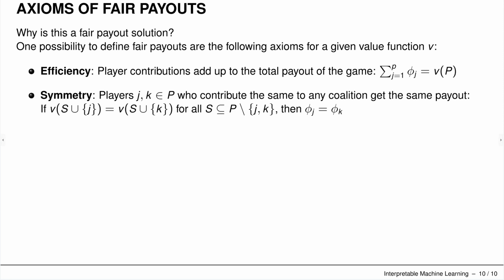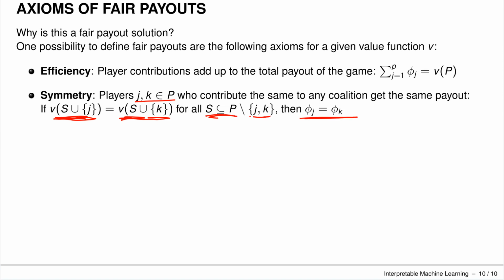And we have symmetry, meaning that 2 players, let's call them J and K, who contribute the same to any coalition get the same payout. So if the value function for the coalition S, including the player J, is the same as the value function for the coalition S, including player K, for all possible coalitions without J and K, then the Shapley value should always be the same.